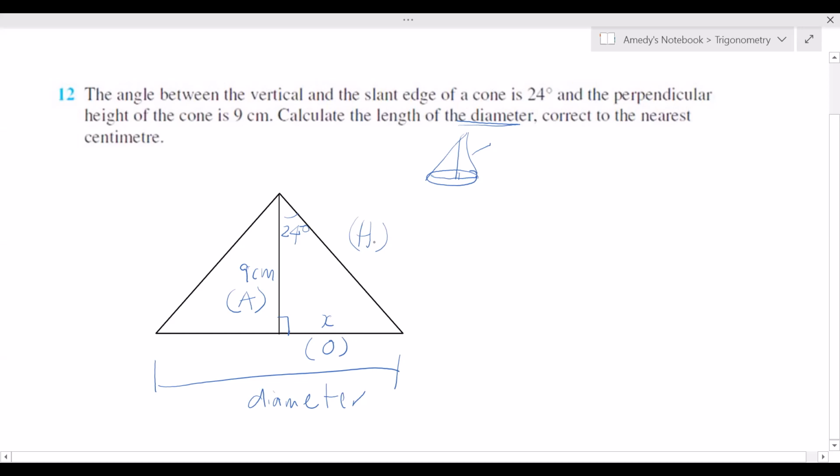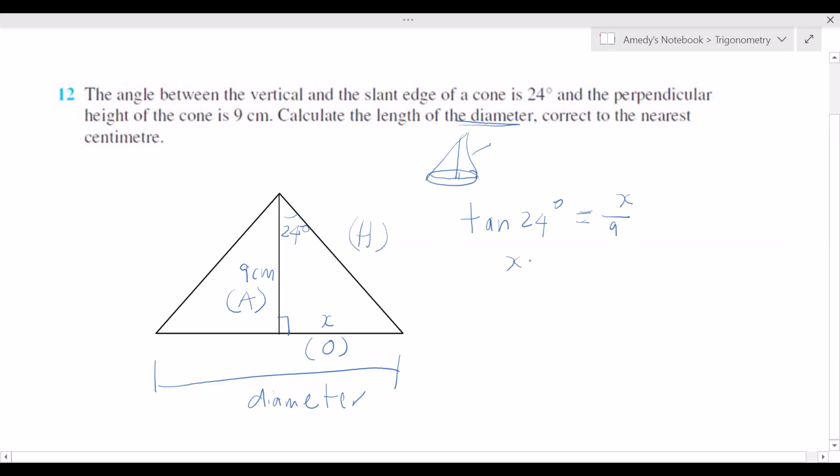Think about sine, cos, tangent. Which one? Pause the video. Okay, yes, that's right. Tangent. So you write down tangent 24 degrees equals opposite over adjacent. The ratio is opposite over adjacent. Now, tangent 24 is a ratio, right? It's stored in the calculator.